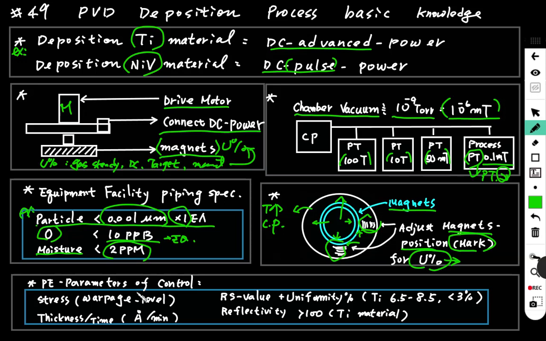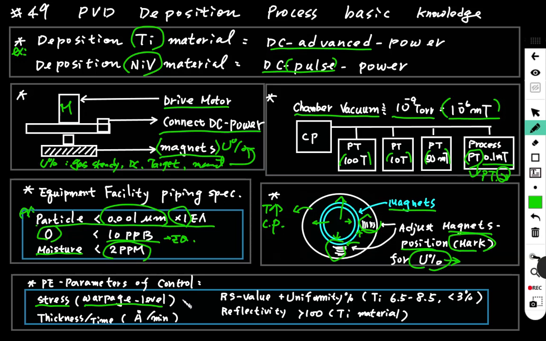Process engineer parameters of control. The basic PVD control parameter is, for example, after deposition, the stress condition. We call it wafer warpage level.